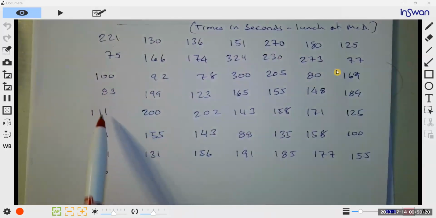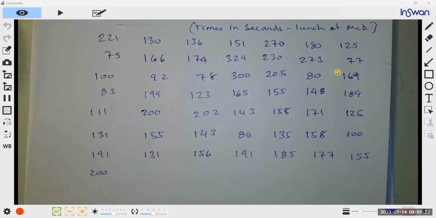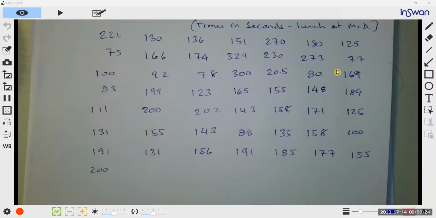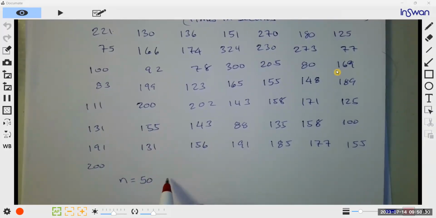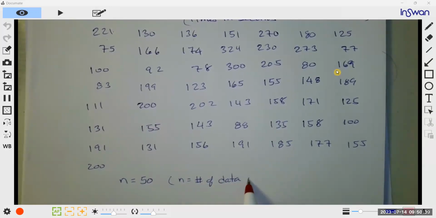So with this data, we know our N is 50. N is the number of data in our data set.